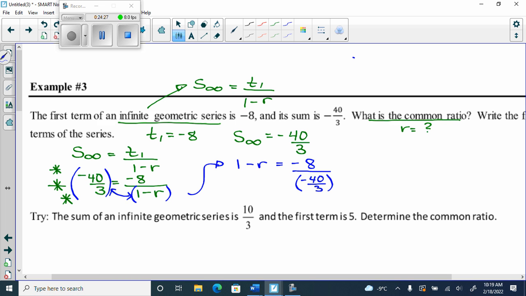So to get rid of the top, we get 24 over 40, which reduces to 6 over 10, which reduces to 3 over 5. So type this in, and it will get you 1 minus R equals 3/5.